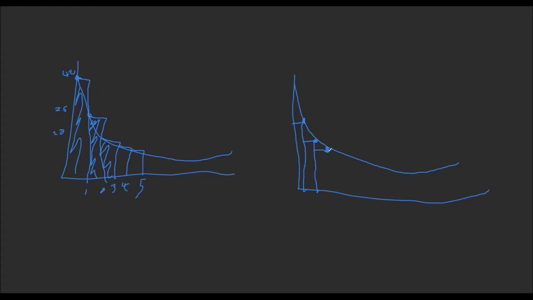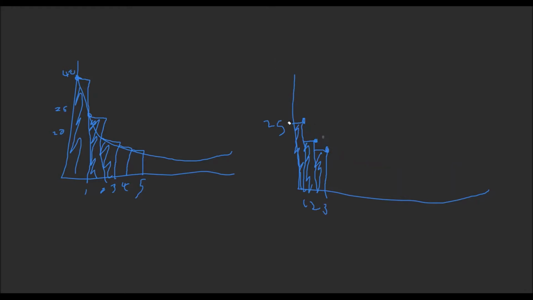And depending on the curve, this could be either an over approximation or an under approximation. Now, of course, as you can see, they aren't very accurate. In this instance, the right Riemann sums is an under approximation. The left is an over approximation.